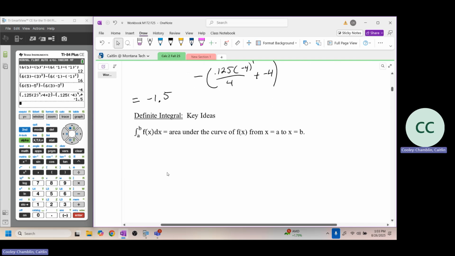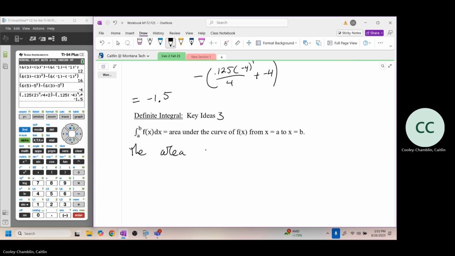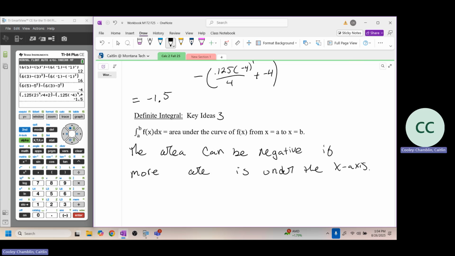And so the key idea number 3 here is that the area can be negative if more area is under the x-axis. So we can have a negative area, it's just coming from below the x-axis.